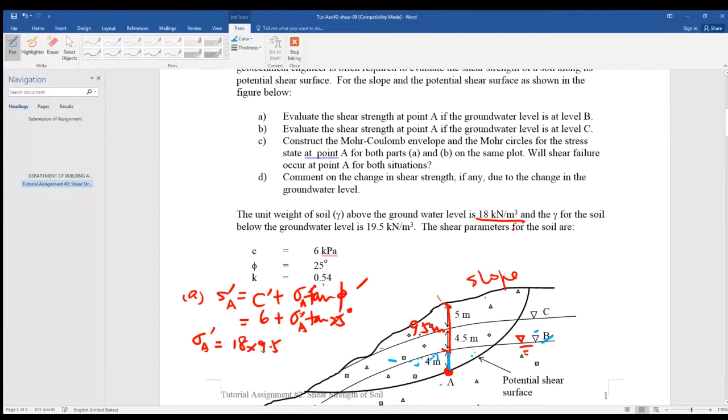So plus what? Plus below groundwater table, so 19.5 here, right? Minus 9.81. So that is the effective unit weight of soil, right? Minus 9.81 times what?